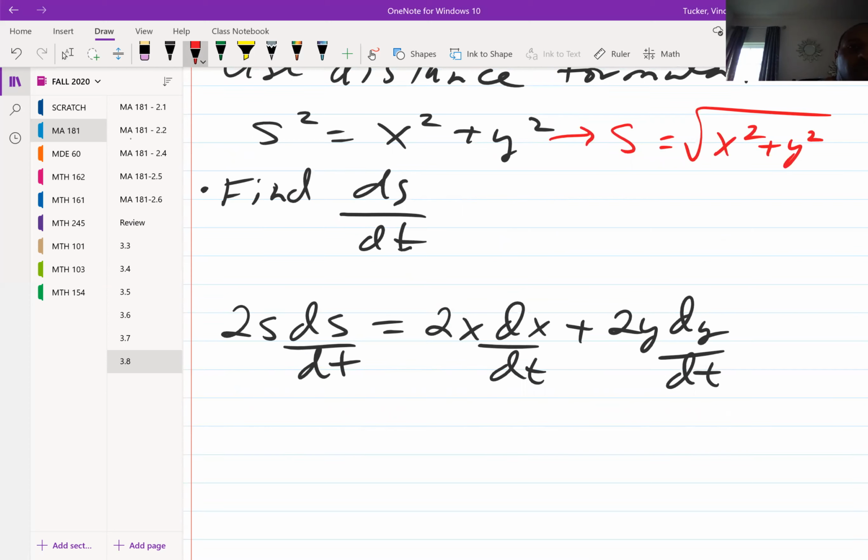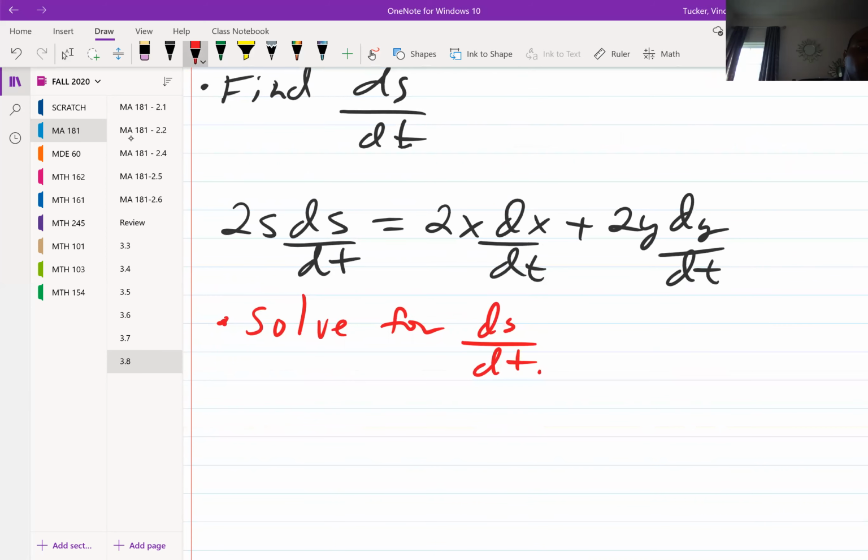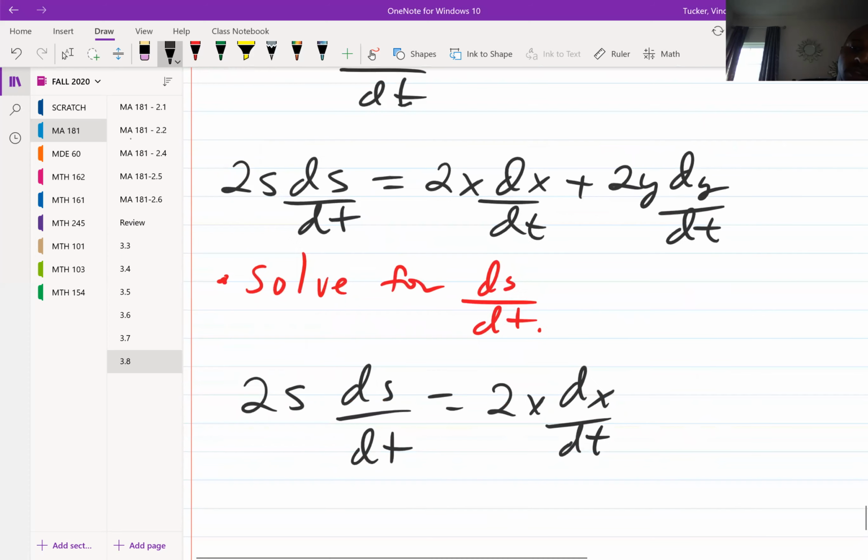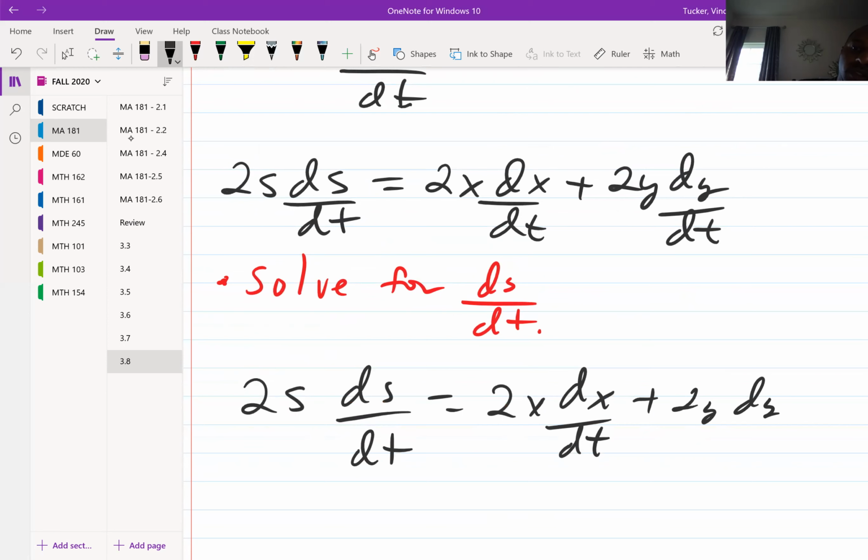So let's solve for ds/dt. We would take that and divide both sides by 2s.